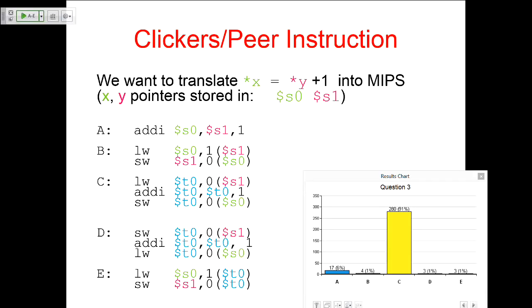Okay, here it is. So in C, we have a load word. We're loading into a temporary register the content of the word in the memory that's pointed to by what is in S1. What is in S1 is really a pointer to that memory location, right?